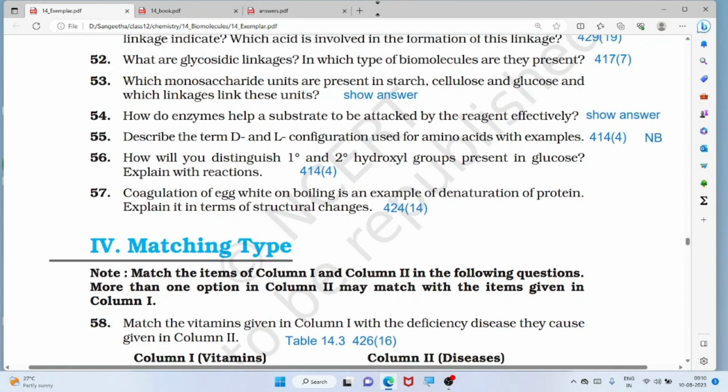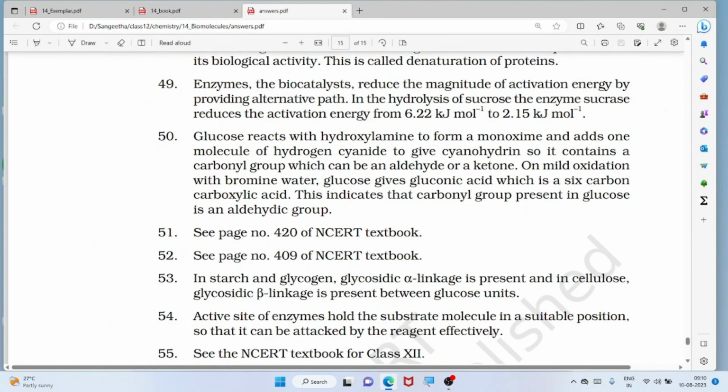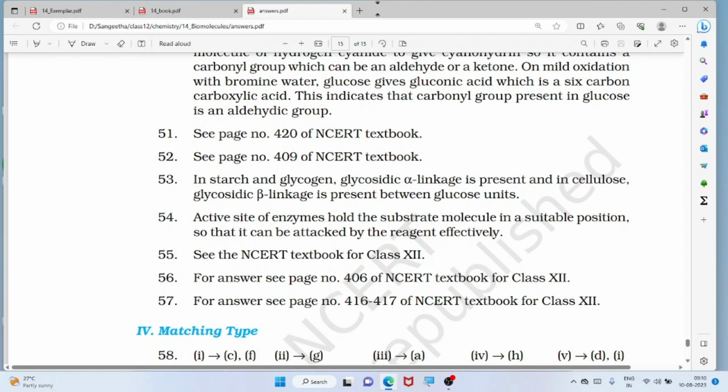Which monosaccharide is present in starch, cellulose, glycogen? Okay, 53. In starch and glycogen, glycosidic alpha linkages are present. In cellulose, beta linkage is present between the glucose units.